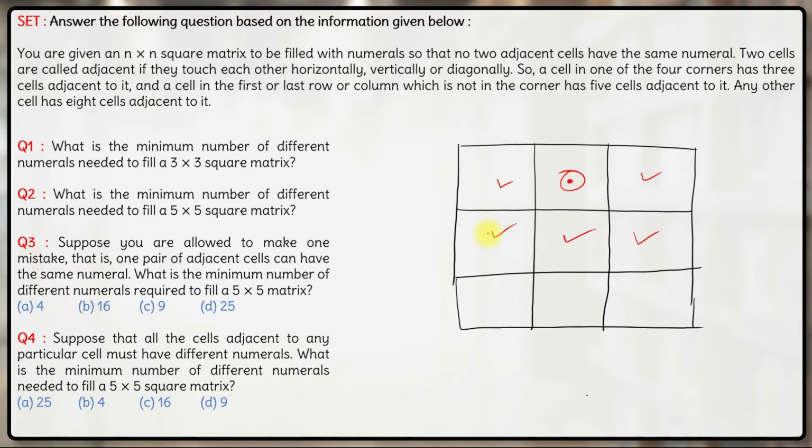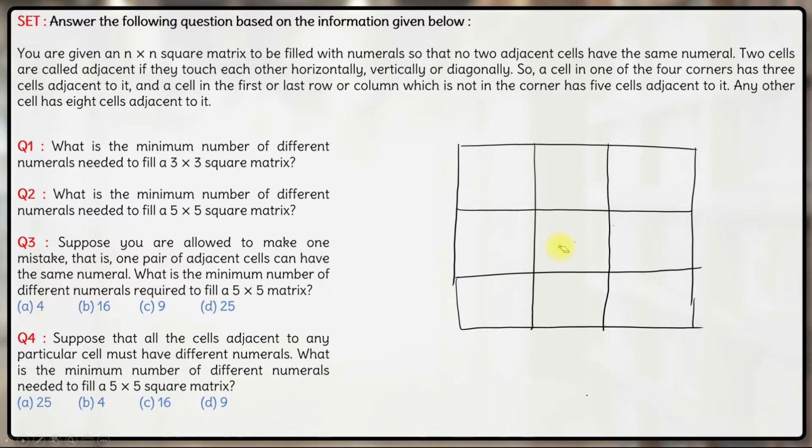So this cell has 5 adjacent cells. So a cell in one of the corners has 3 adjacent cells. A cell in the first or last row or column which is not in the corner, that means the edge cell, has 5 adjacent cells, and any other cell will have 8 adjacent cells.